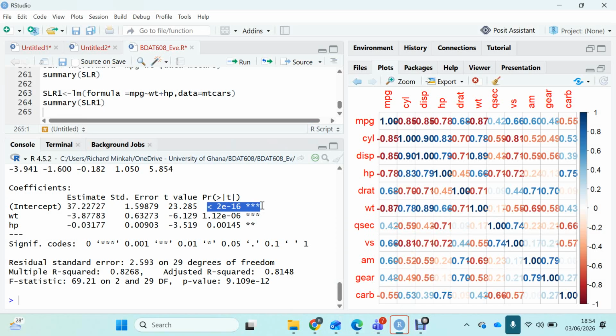AM, DRAT is also quite high. HP, horsepower, is a bit low, a concern. So I'll try and add horsepower and see what will happen. And we realize that horsepower is also related to MPG at 0.78, so it's a bit high. So let's see what will happen. Okay, then we check the summary.